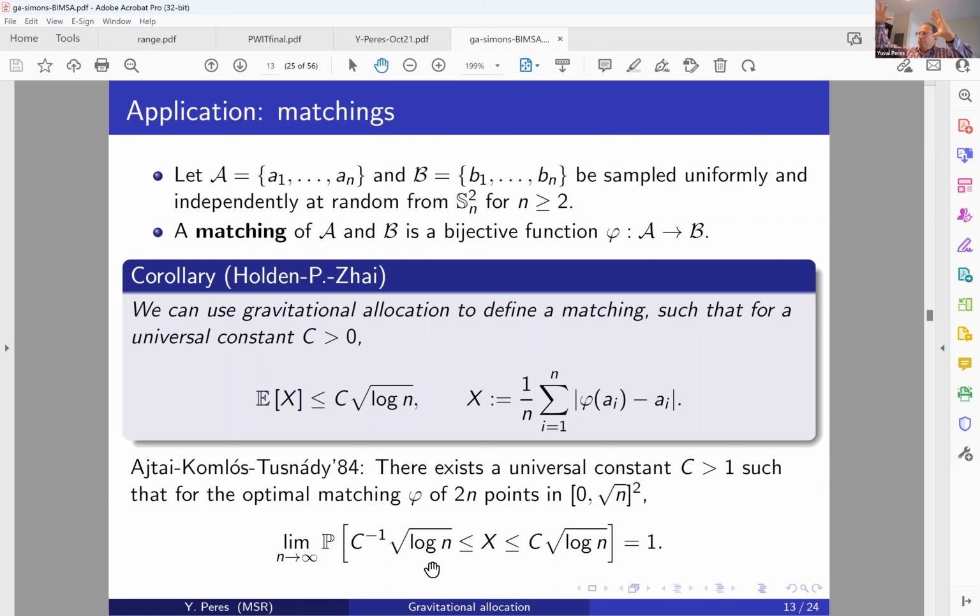So again, we're putting it on a sphere of area n. The diameter of that sphere is root n, because it's a 2-dimensional sphere, and the distance traveled by a typical point in the optimal matching is root log n.